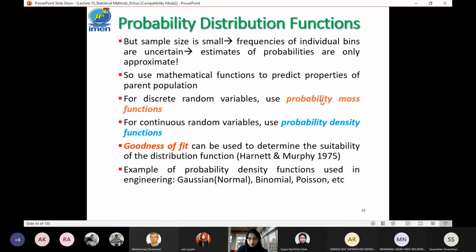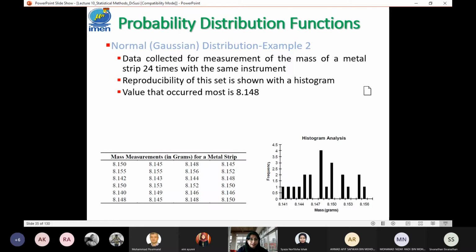So if it's discrete, you use a probability mass function. If it's continuous, you use a probability density function. There's something called goodness of fit to determine whether the distribution function is suitable or not. Examples of probability density functions are Gaussian, binomial, and also Poisson. We look at Gaussian.